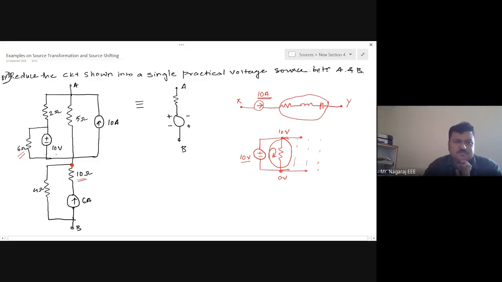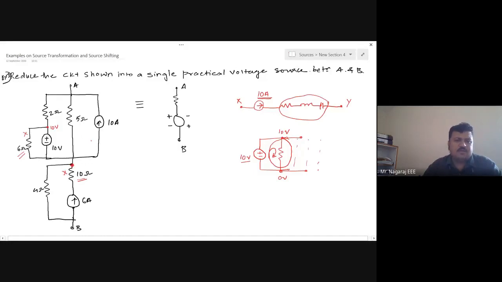When you observe the 6 ohm resistor here in the circuit, it is coming exactly across this 10 volts. So here the voltage value is 10 volts. This 6 ohm is not creating any voltage drop from this source, so I can neglect this also.